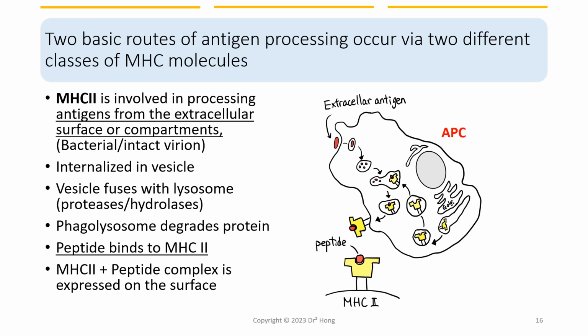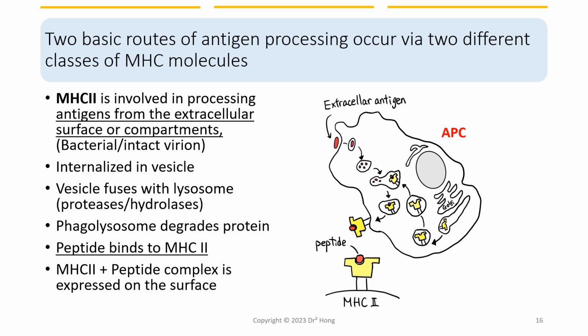MHC class 2 processing is involved in presenting antigens from the extracellular space, surface, or compartment. Usually we're talking about bacteria or intact virions encountered outside of the cells.